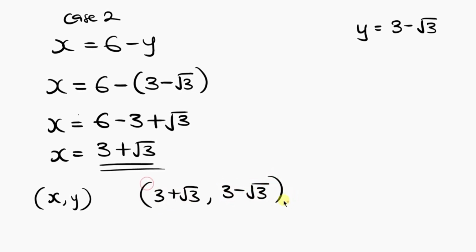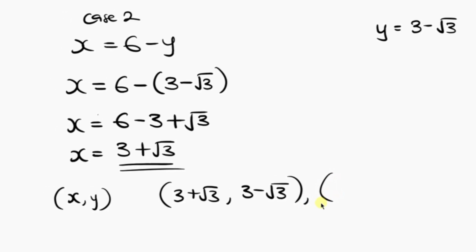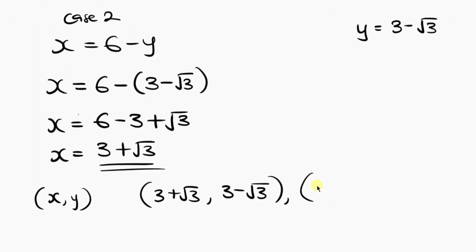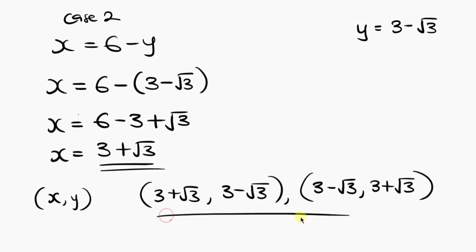And then when x is 3 minus root 3, the value of y is 3 plus root 3. So let's write that down. So when x is 3 minus root 3, the value of y is 3 plus root 3. And there you have it.